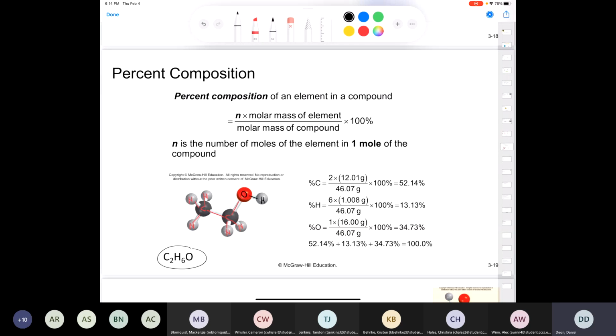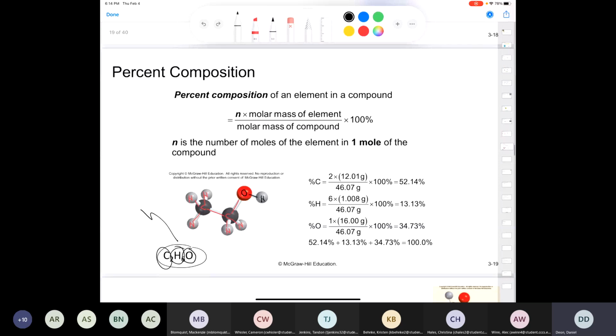And so if you tally up the mass of 2 carbons plus 6 hydrogens plus 1 oxygen, and I'm not going to do that right now, you're going to end up with a mass of, and you can see it here in all these denominators, 46.07 grams per mole.